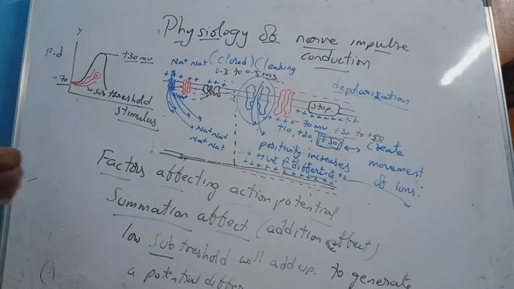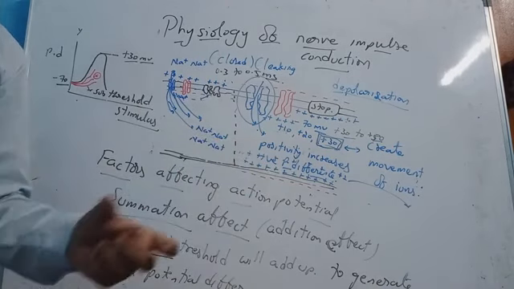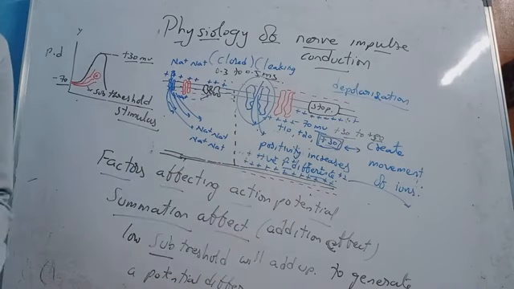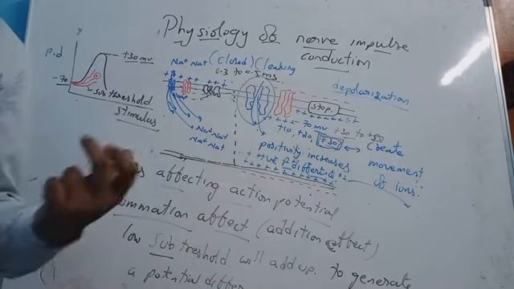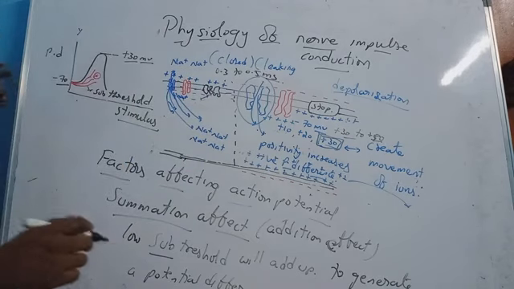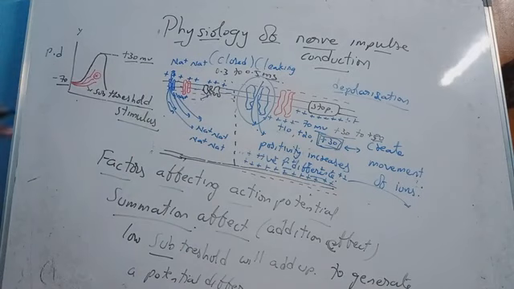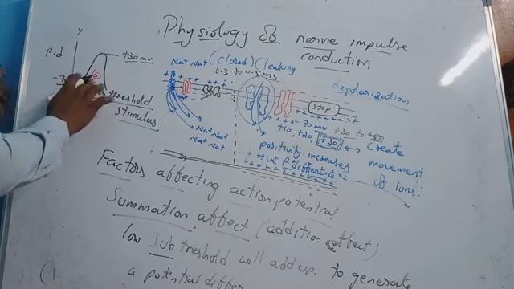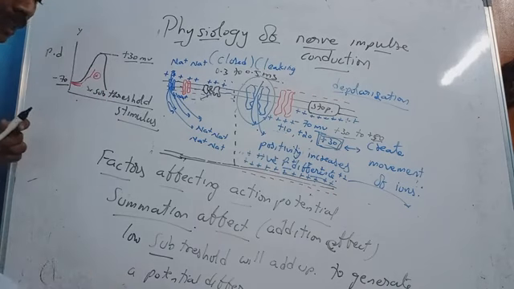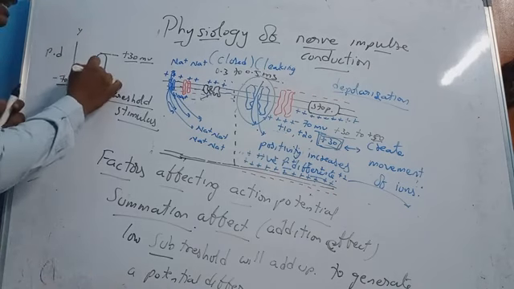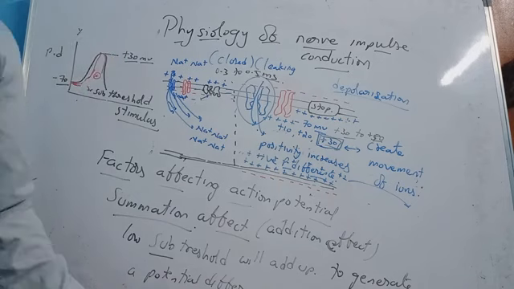For example, if a small beep sound is coming around your house, at the start you don't think of it, but if you continuously hear it, what happens? You will feel that sound. Why? Because of the addition effect, the summation effect of the nerve impulse. Understood? All these sub-threshold levels will join up, and they can also reach the threshold. So we can have the summation effect, but very rarely.